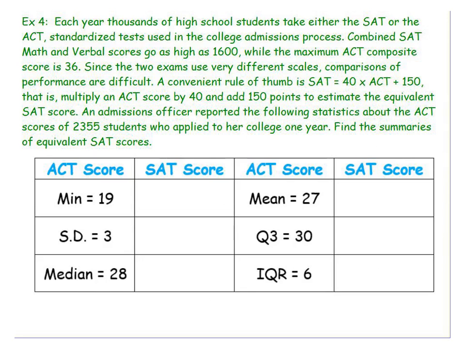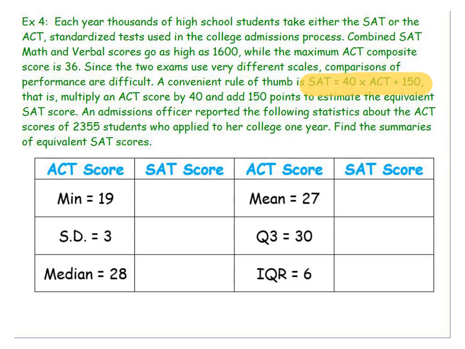A convenient rule of thumb is to find the SAT score, you take 40 times the ACT score plus 150. That is, multiply an ACT score by 40, then add 150 points to estimate the equivalent SAT score. An admissions officer reported the following statistics about the ACT scores of 2,355 students who applied to her college 1 year. Find the summaries of equivalent SAT scores.